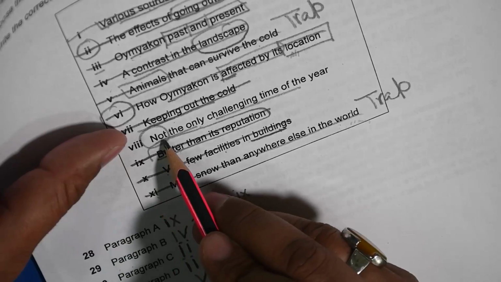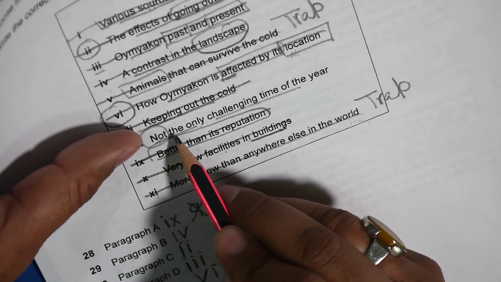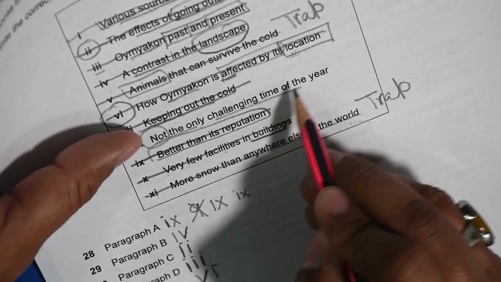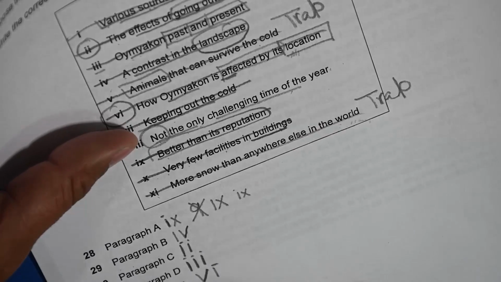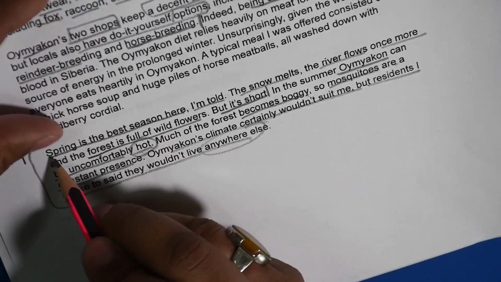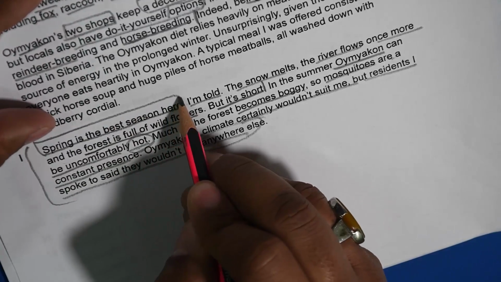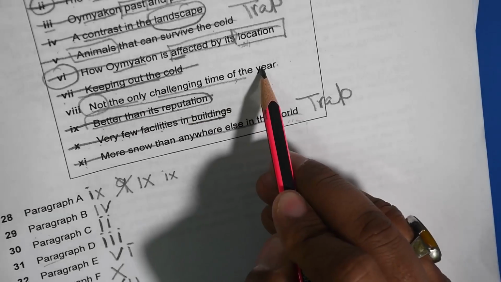Now we are left with not the only challenging time of the year. Now why not the only challenging time of the year? I explained that to you. When they say spring is the best season, it means this is not the only challenging time of the year.